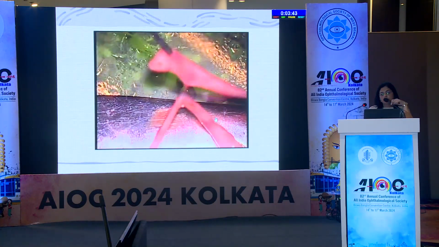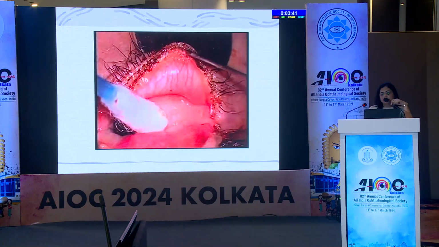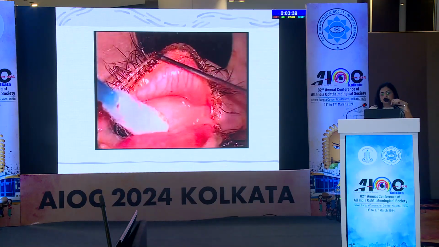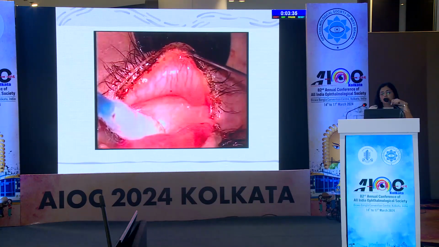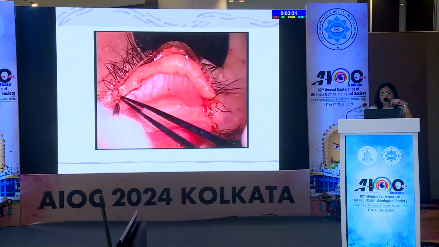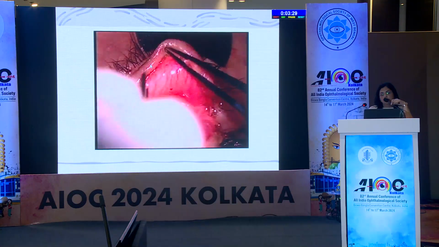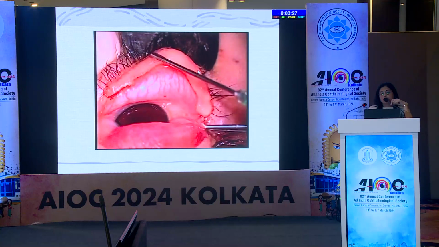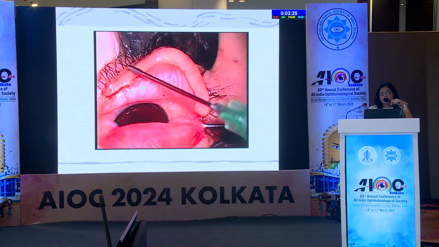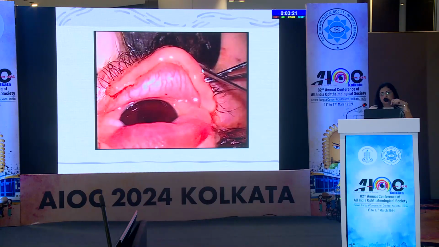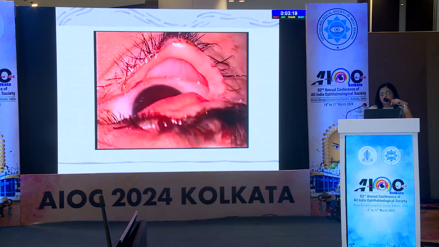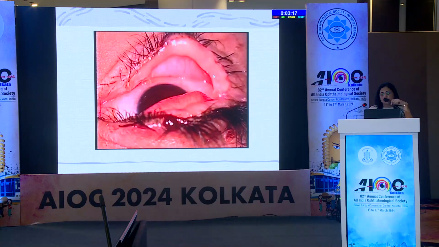We can use the glue also, because the sutures may rub the posterior corneal surface, so we can use the glue and can have some atypical sutures, so that we don't lose the graft. Just for additional support, we can put the atypical suture also intermittently.